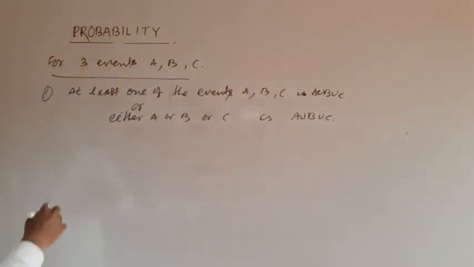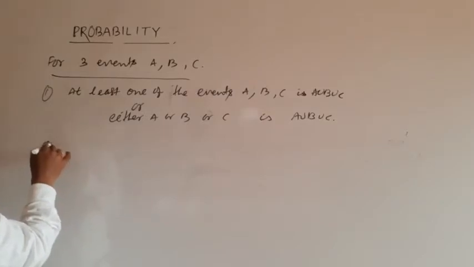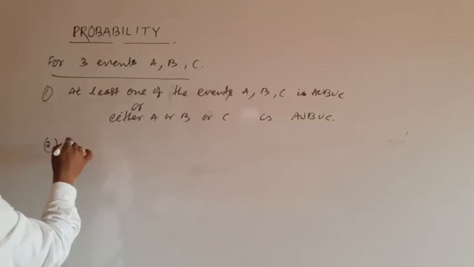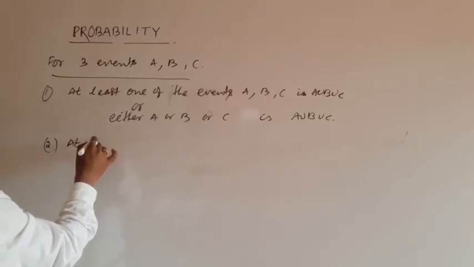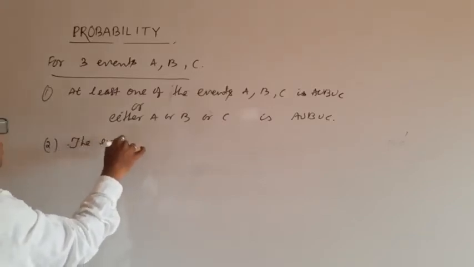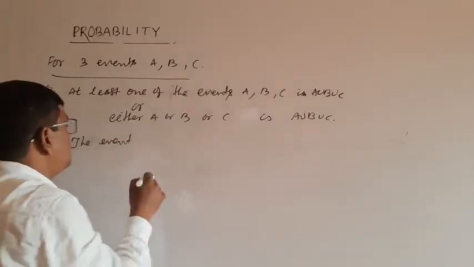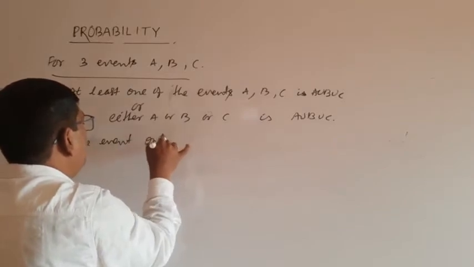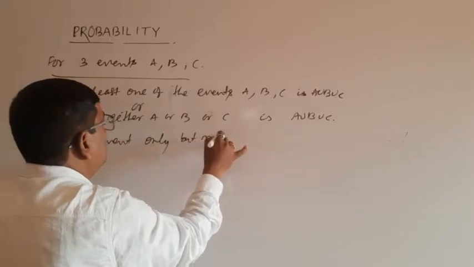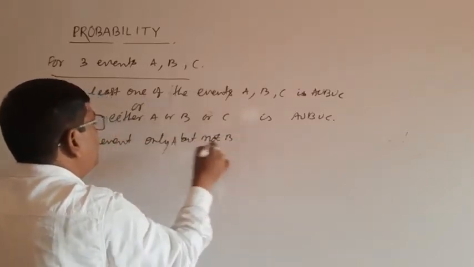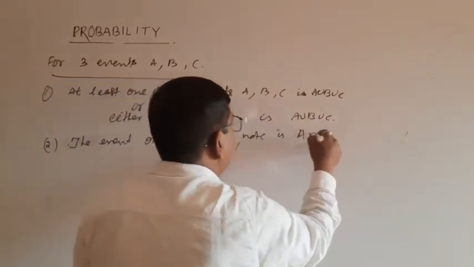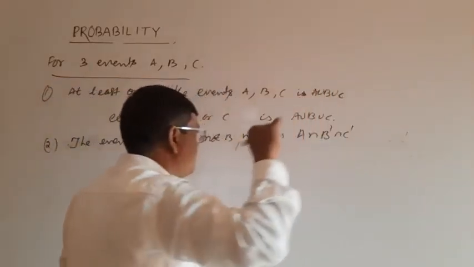Now the event only A but not B and not C is denoted by A intersection B dash intersection C dash.